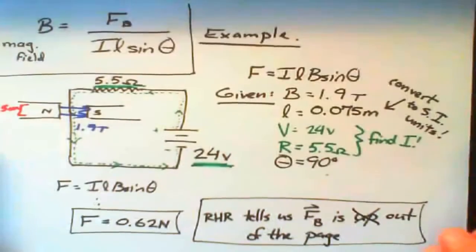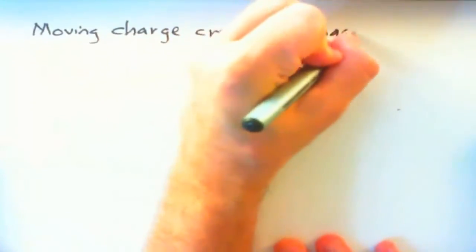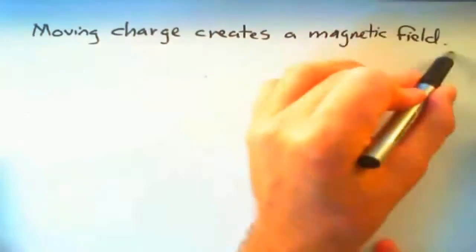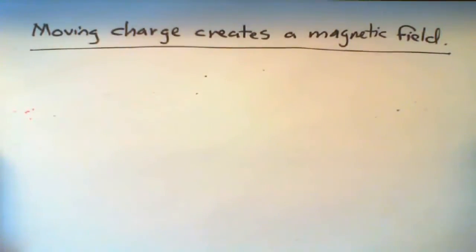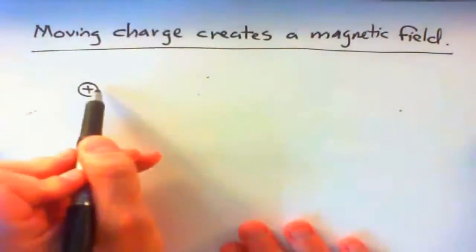Okay, so as I said before, a moving charge creates a magnetic field. It doesn't have to be a whole bunch of charges in a current. It can be just one charge. So you could have one isolated charge moving, and that one isolated charge will create a magnetic field.